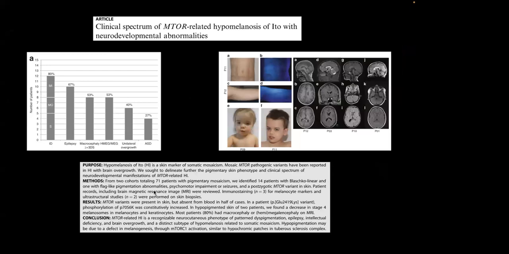They assessed around 71 patients, and 14 were identified with these Blaschko linear lines. The main clinical findings were intellectual issues, epilepsy, macrocephaly, and hemimegalencephaly in around half of the patients. Some of the images here are not as striking or as predominant as our child, but they can be associated with these hemispheric malformations. So we're thinking of hypomelanosis of Ito with the hemispheric abnormality on the right side.